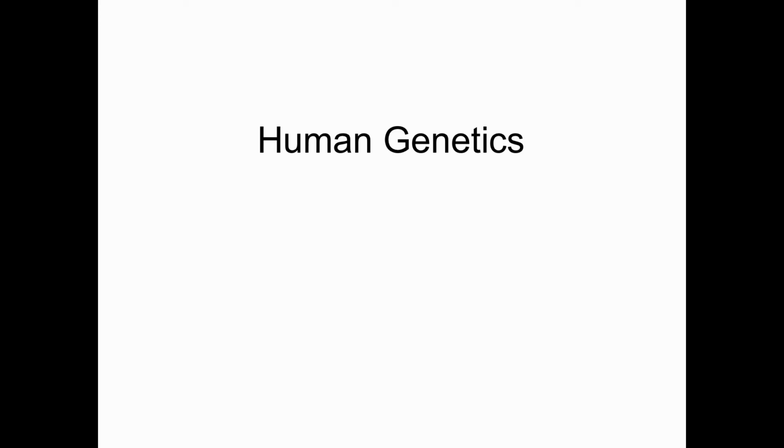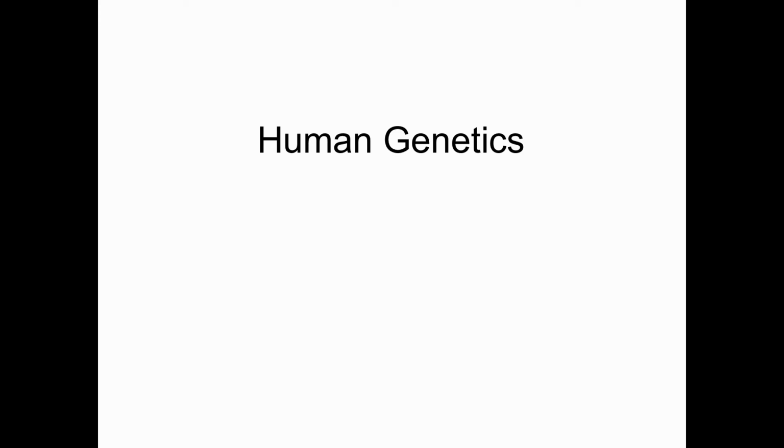A genetic disorder is any disease that's caused by an inherited mutation that's passed from a parent to a child. And by studying some of these genetic disorders, it's given a lot of insight into how things are inherited, and that's the topic of our discussion today.